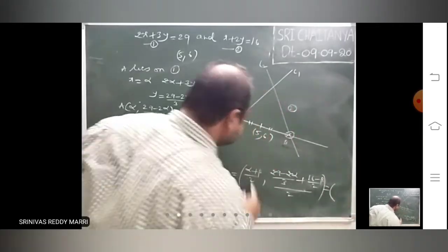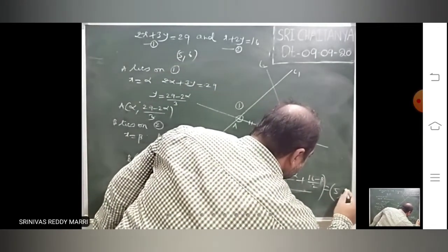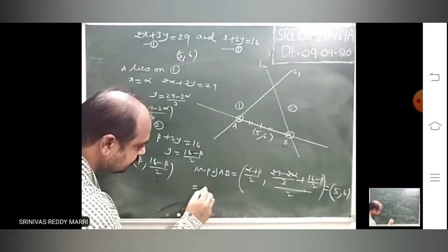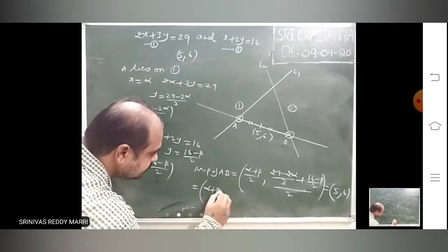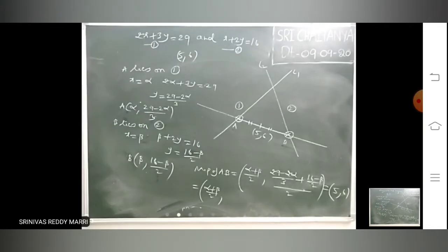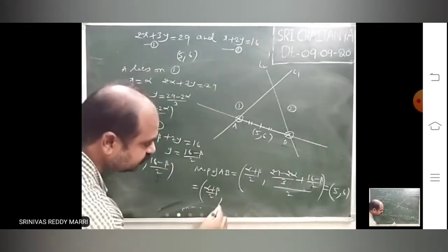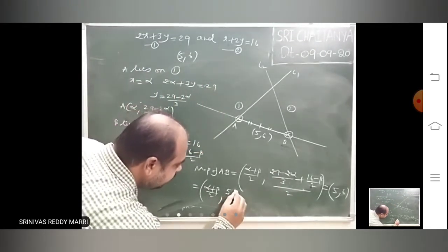Now this is given as the point 5 comma 6. That means simplify this. Alpha plus beta by 2. Now take the LCM. This is 2 into 29, 58.